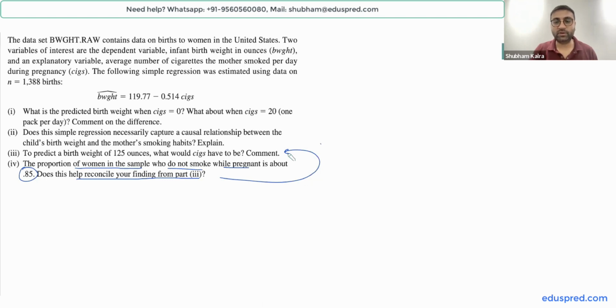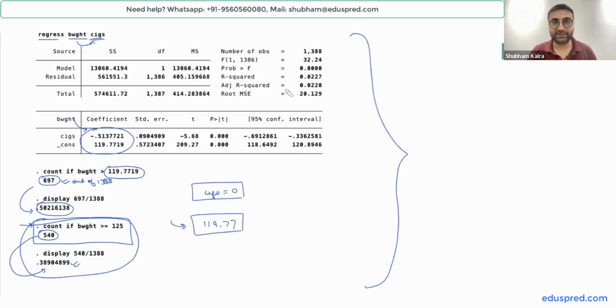Overall, this model will have a poor fit, and you can also see that from the R square of this model, which is quite a low number. That means only 2.27% of the variation in birth weight is explained by the variation in the average number of cigarettes smoked per day by the mother. So I hope this is clear.